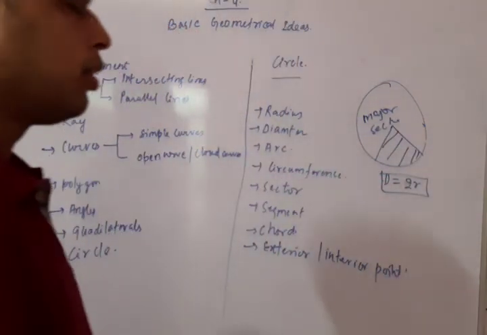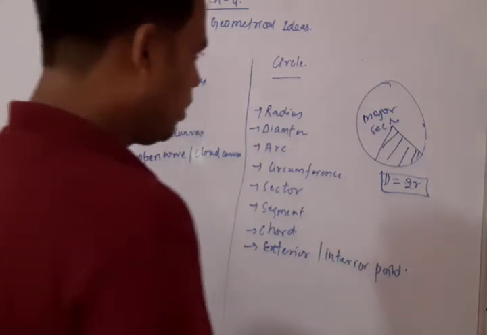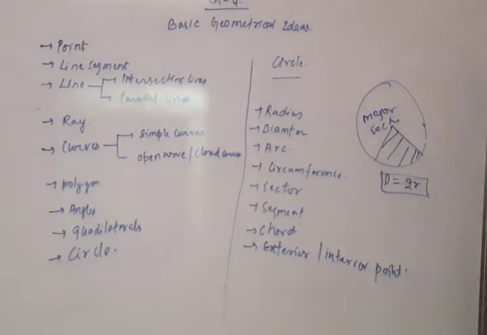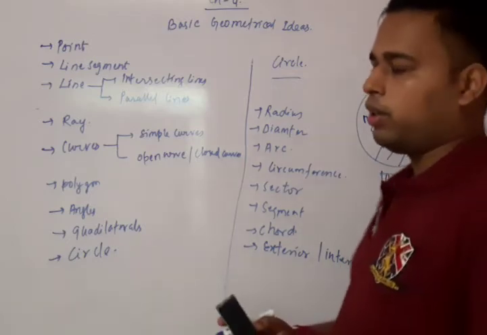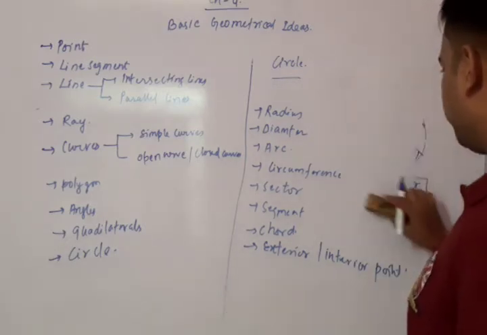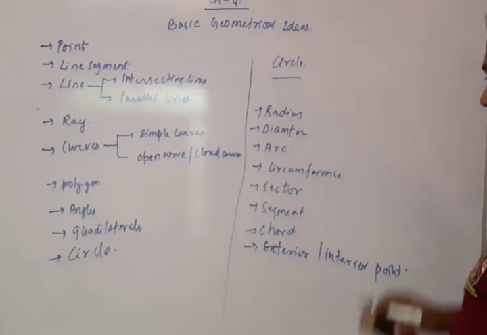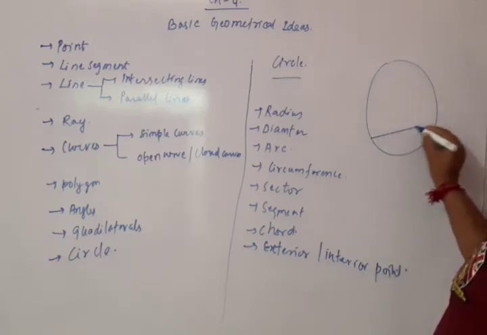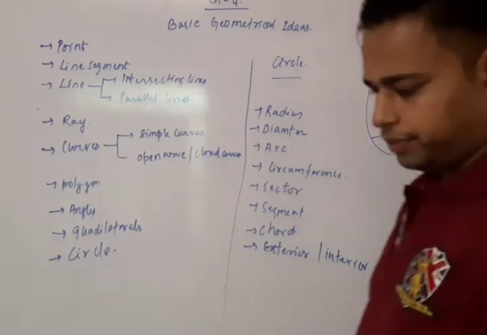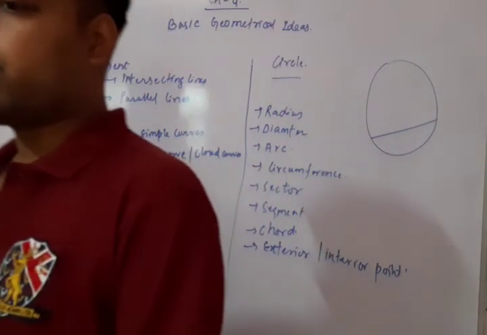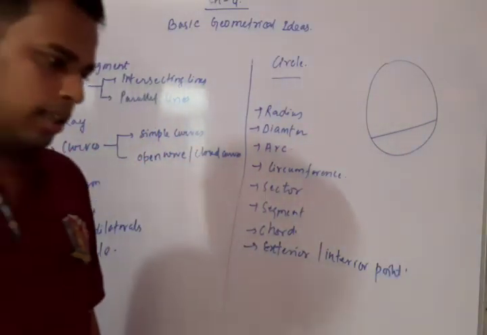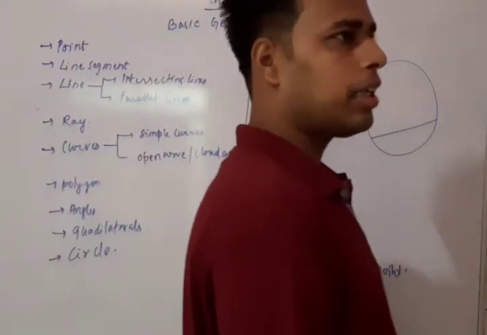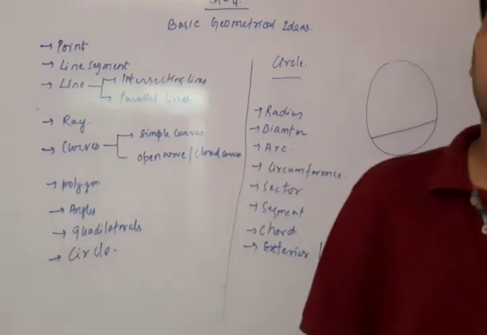Next one is segment. What is a segment? First we will discuss chord. When two points of a circle are joined by a line segment, then that line segment is known as a chord.